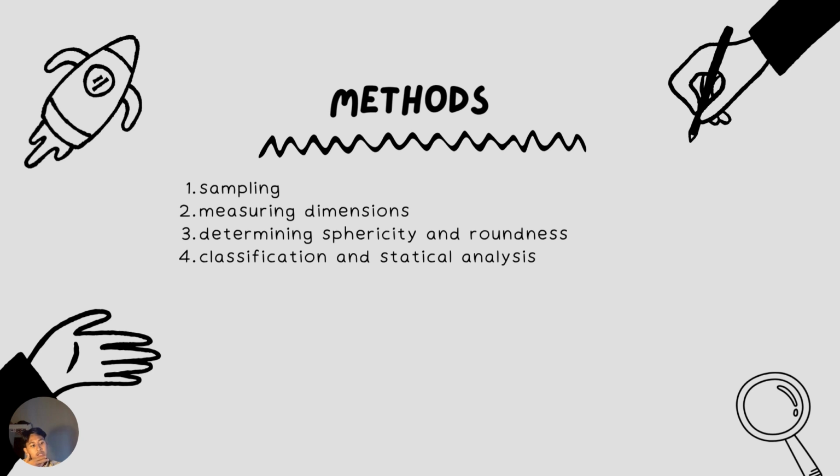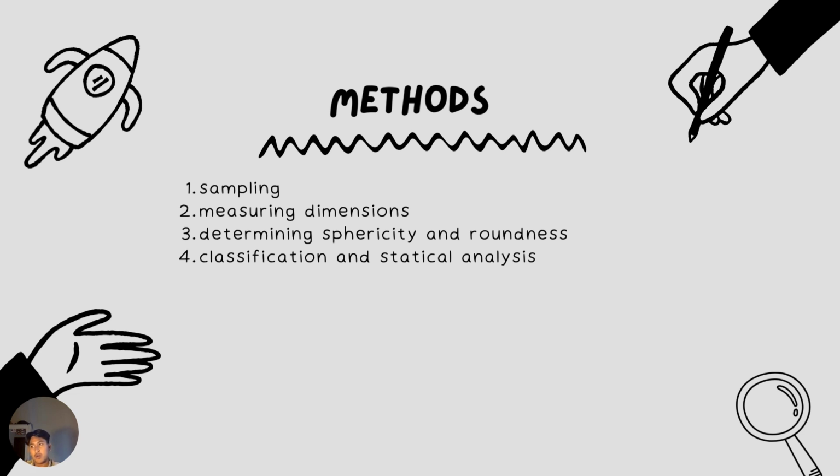Pebble shape analysis offers several advantages. It is simple, inexpensive, and can be carried out directly in the field. However, there are limitations as well. The method can be subjective, especially when estimating roundness, and the result depends heavily on the number of samples collected. More samples, more exact.